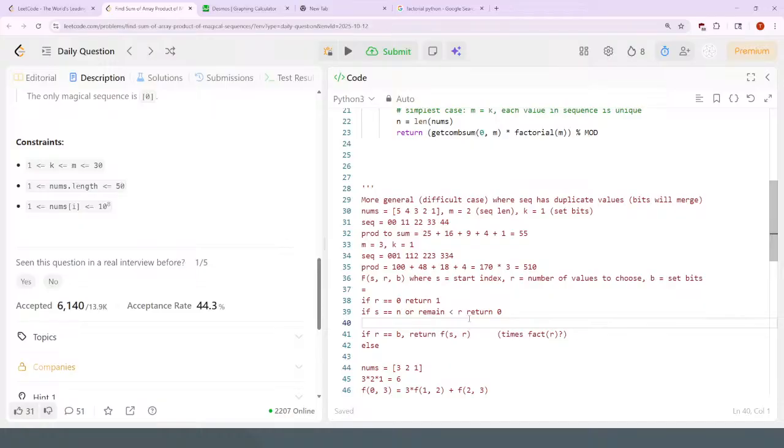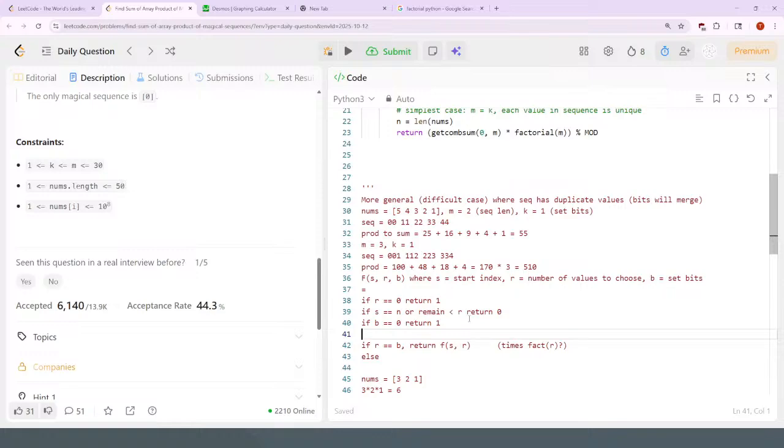B equals 0, I should be returning 1. Because if you're trying to get no bits to be on, then you're really choosing 0 at that point. There's one way to choose 0 things.